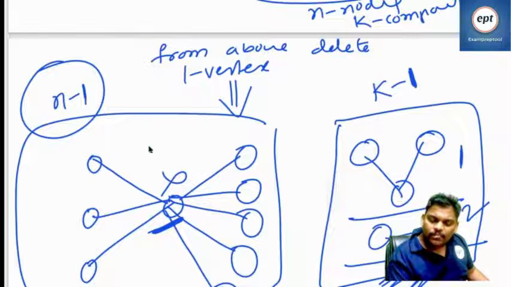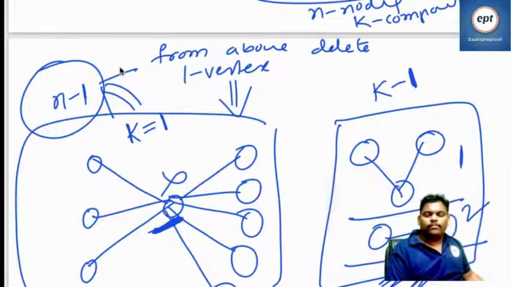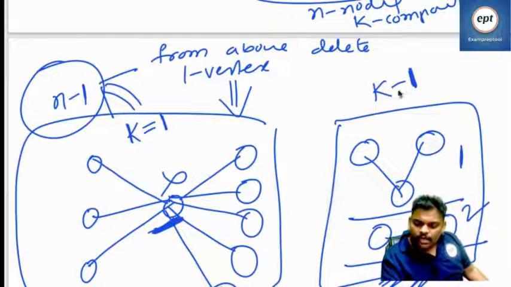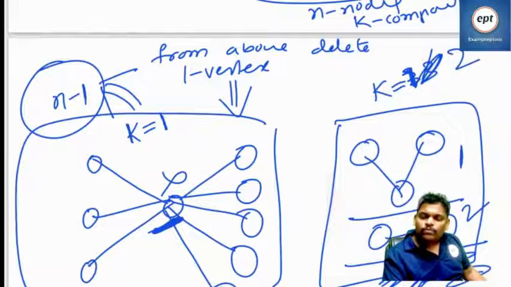Previously, one component there, k is 1, but when you delete this node, it became n minus 1. Previously k value 3. When you delete this node, it became 2.